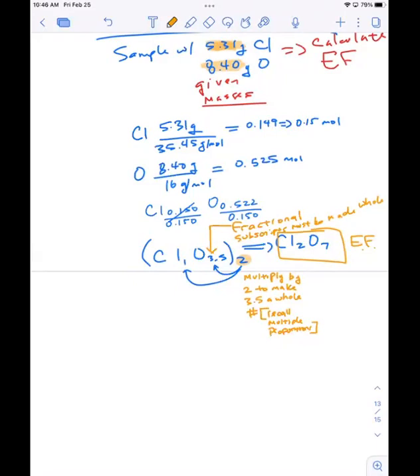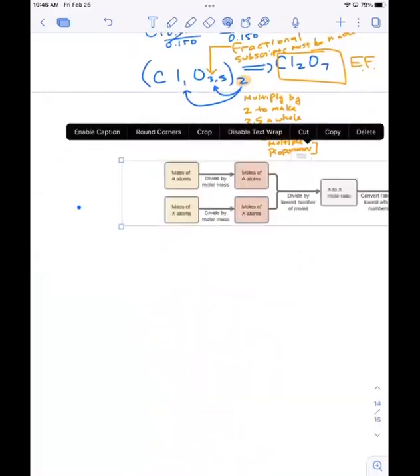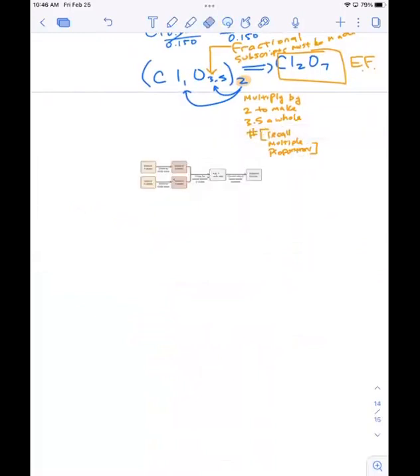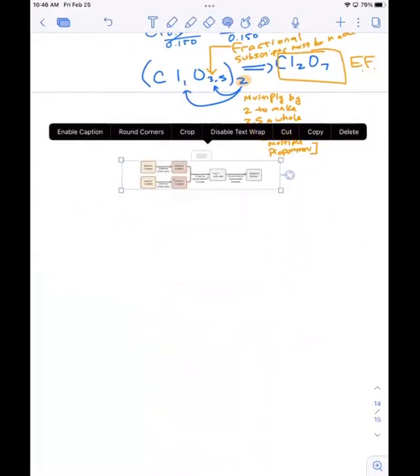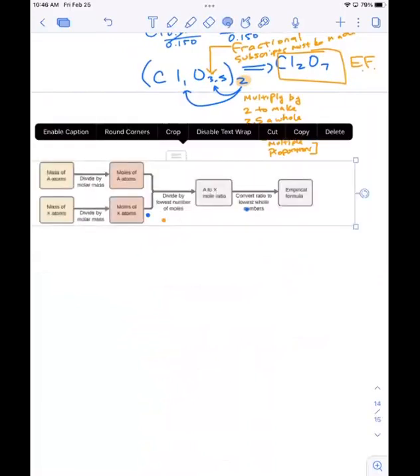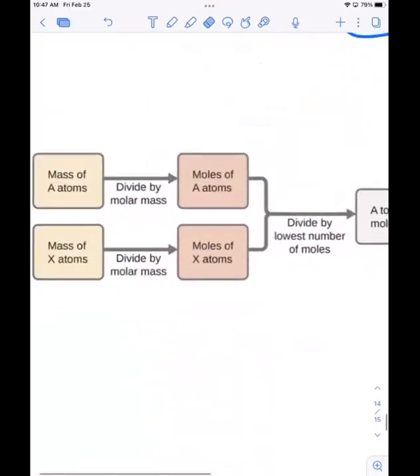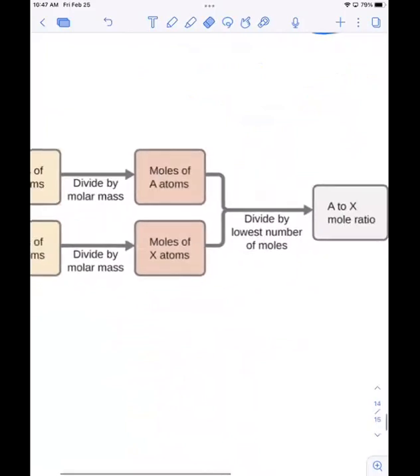Any questions about anything we've done so far? Now I can pull up this chart that I've been moving for 2 days. It's kind of a flow chart as to how to approach these problems. You have the mass of your atoms, and you divide by the molar mass to get the moles of your atoms.